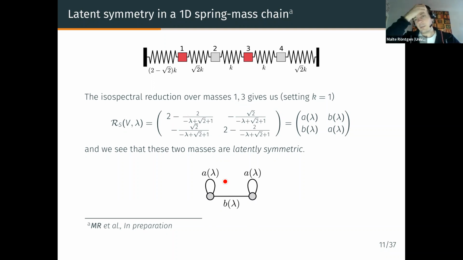Now this reflection symmetry in our isospectral reduction, if we think back to what I told you some slides ago, means that these masses 1 and 3, over which we reduced, are latently reflection symmetric, which from all these chains of statements which I gave you means that all eigenmodes or normal modes will have parity on those two sites. And now just to repeat my statement, talk is cheap, show us some results.